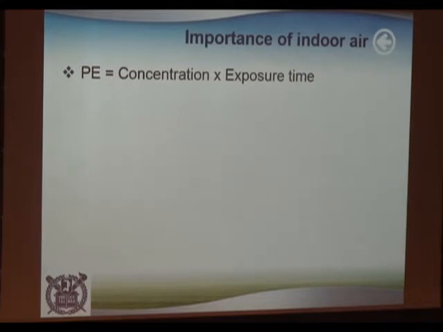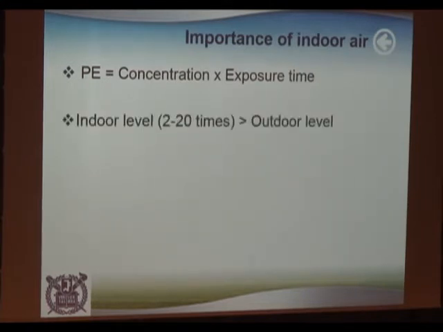But if that person goes inside the box, then their personal exposure will go up. So from previous research, we know that for many hazardous chemicals, especially organic compounds, the indoor concentration is higher than outdoor. Some of these ratios can be more than 1 and more than 2, or sometimes more than 10.